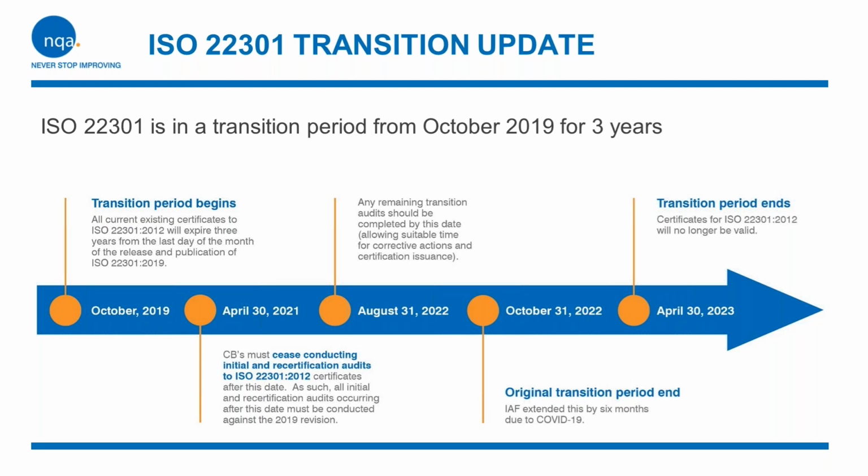I think the key date there is April the 30th, 2021. Our certification bodies, such as NQA, must cease conducting initial and recertification audits to the 2012 version from next year. As such, all initial and recertification audits which occur after this date must be conducted against the 2019 revision. For those who don't have a standard, then you go straight in at 2019.